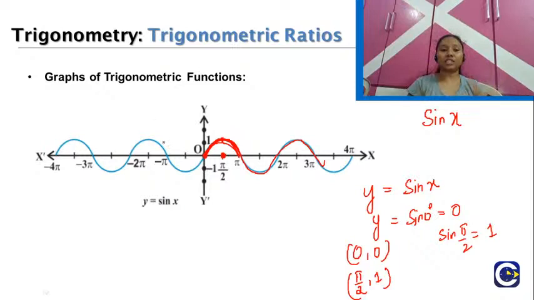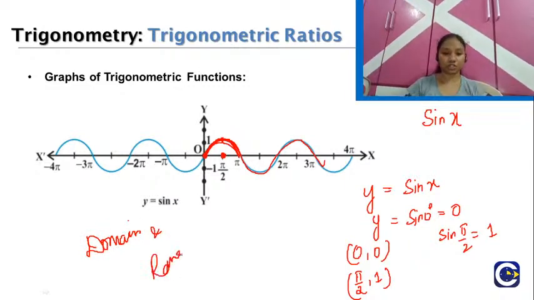So before getting into our next graph, let me tell you one thing. So here in this graph, we are only concentrating on how we are actually plotting that using our specific values. But in future, you will be seeing a chapter called Relations and Functions. There you will cross a topic called Domain and Range.